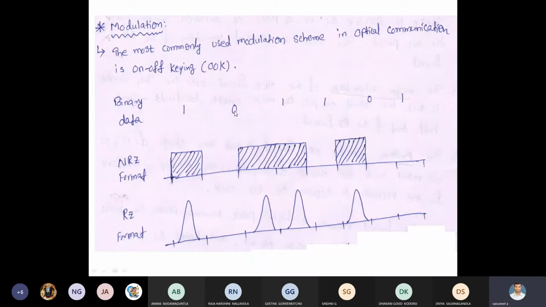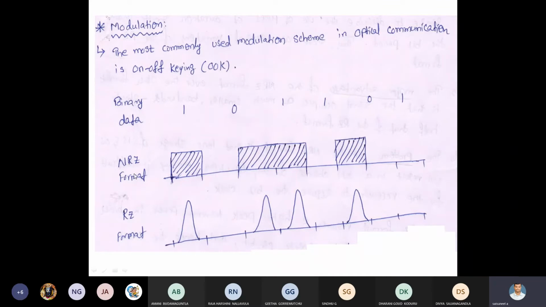Whenever the binary data is 0, then in non-return to zero format, there is no signal present for the total period of time. But in return to zero format, whenever the binary data is 1, it does not occupy the full time period. It occupies only half of the time period. Whenever it is 0, it is off condition. There is no signal present in the 0 condition.